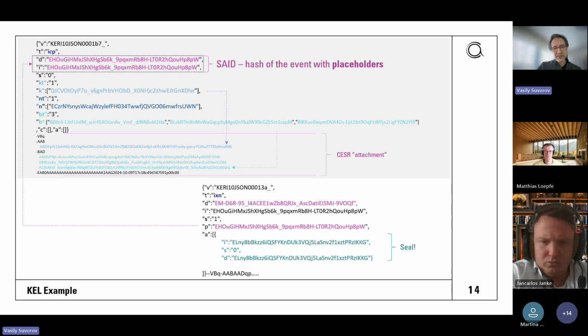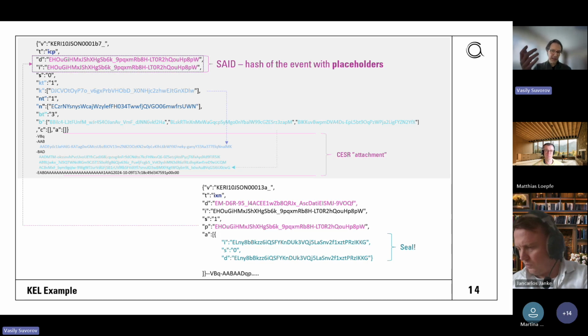For example, here we see, okay, so in the anchor field, which is an array, there's an object which has three fields, I, S, and D, which is one type of seal, which means that, okay, there's the identifier that we used. For this identifier, we anchor in event 0 with this digest. And typically that means it can be a registry or it can be a delegated event and things like that, right? And then there's a signature.